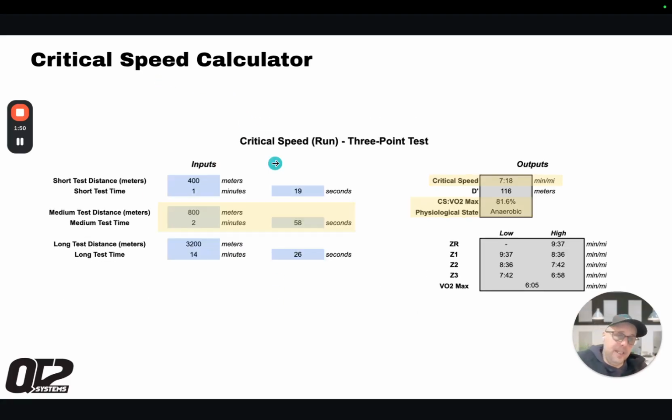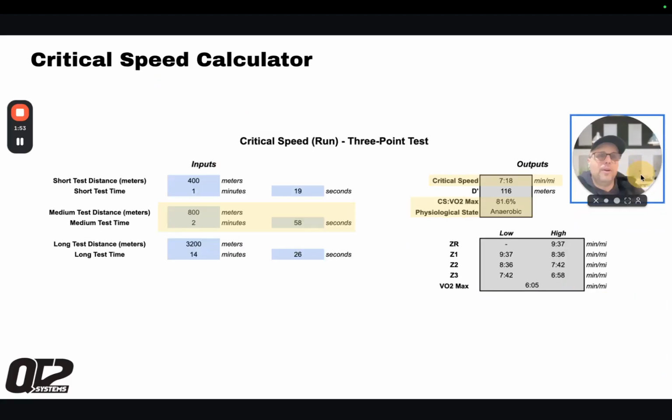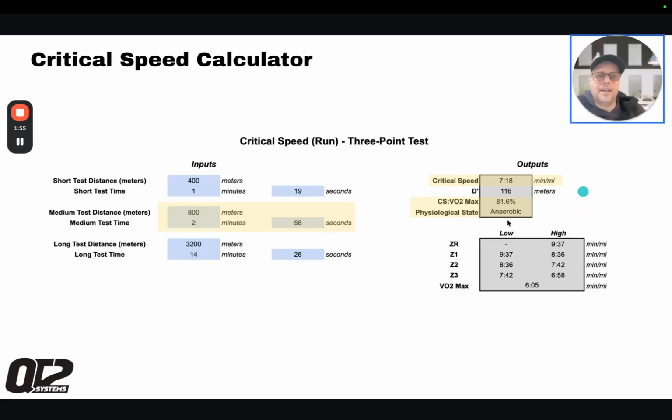In terms of critical speed on the run, we are looking at, say, the same physiological state output. We're looking at the ratio of critical speed to speed at VO2 max. In this case, this is a 400-meter test, an 800-meter test, and a 2-mile test.